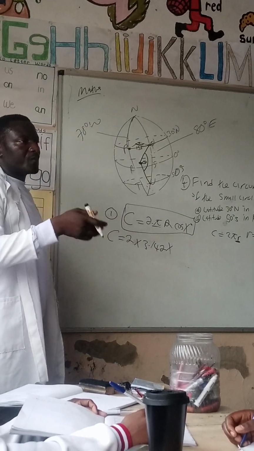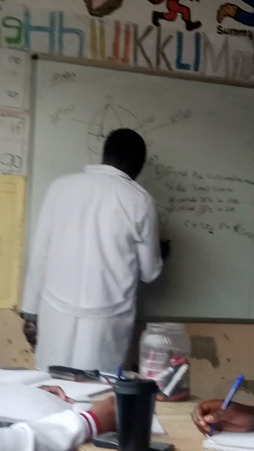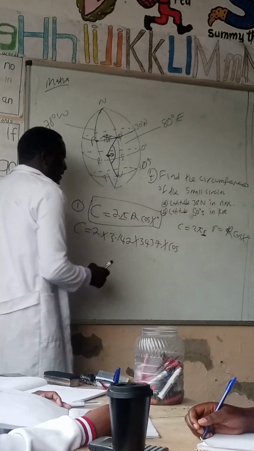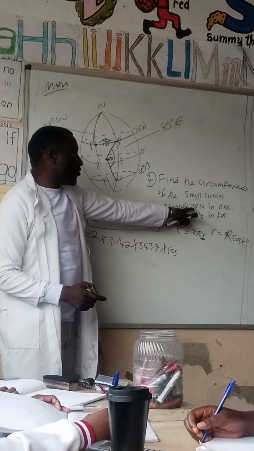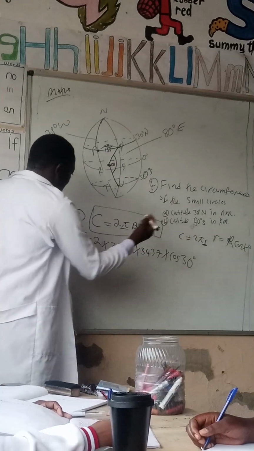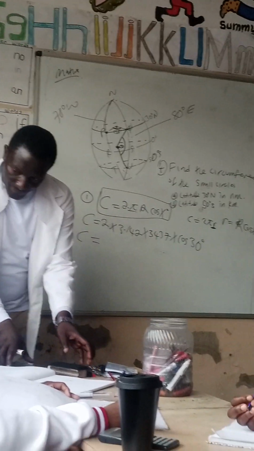They will give you the radius. For nautical miles, it's 3437. Cos x is basically what you are given, the angle here, the 30 degrees. Just punch on the calculator.